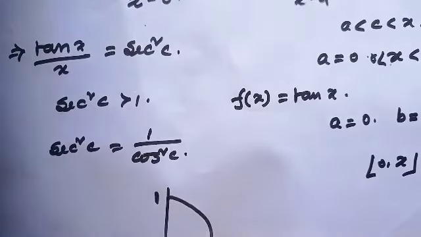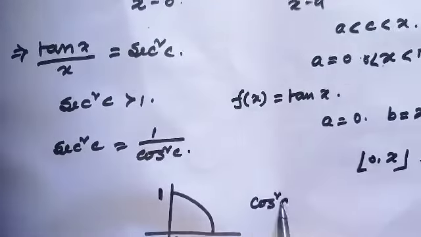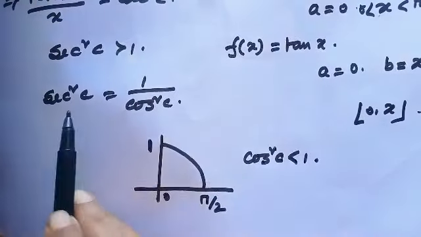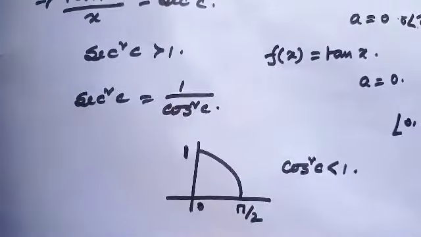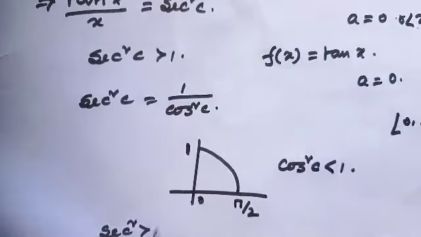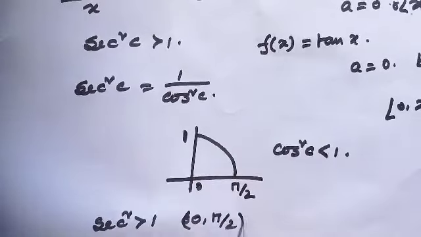That means between the interval 0 to pi by 2, the value of cos square c always would be less than 1. That means sec square c, which is equal to 1 over cos square c, always greater than 1 between the interval 0 to pi over 2.